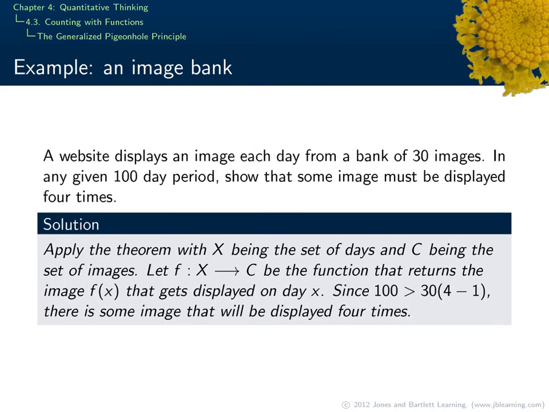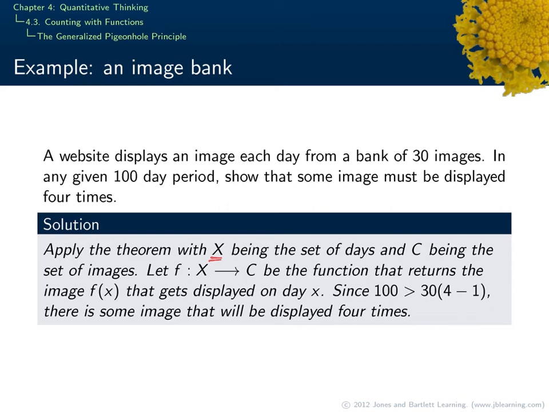All right, so here's an example using the generalized pigeonhole principle. So we have a website that displays an image each day from a bank of 30 images. In any given 100-day period, show that some image must be displayed 4 times. Okay, so we're going to let X be the set of days, so there are 100 of them, right?